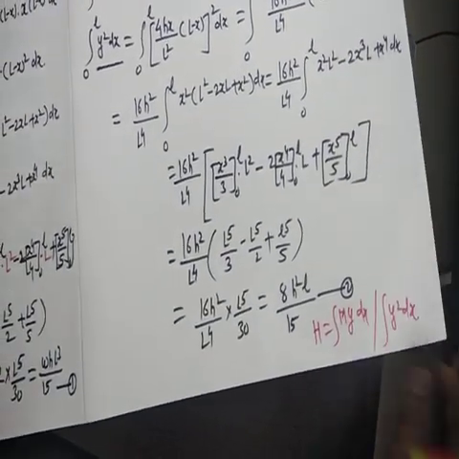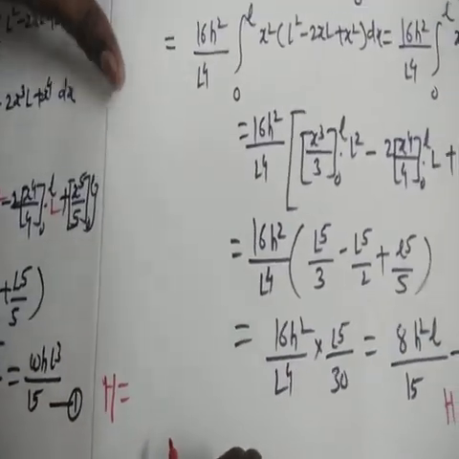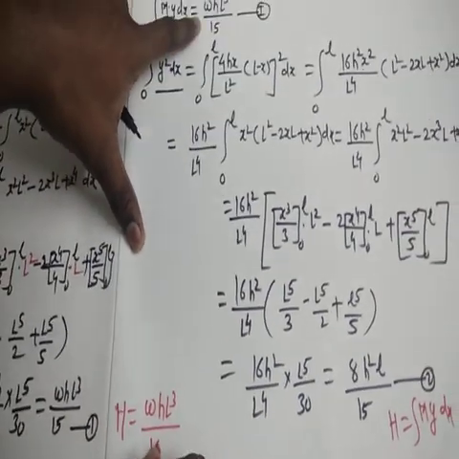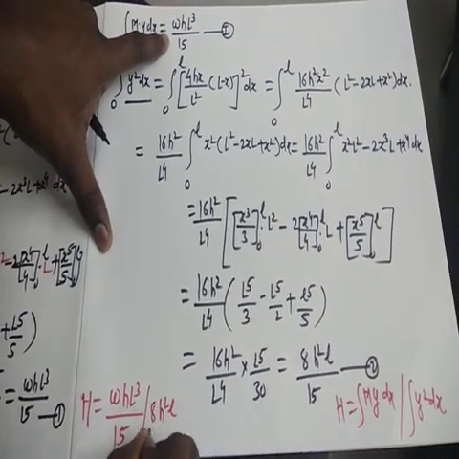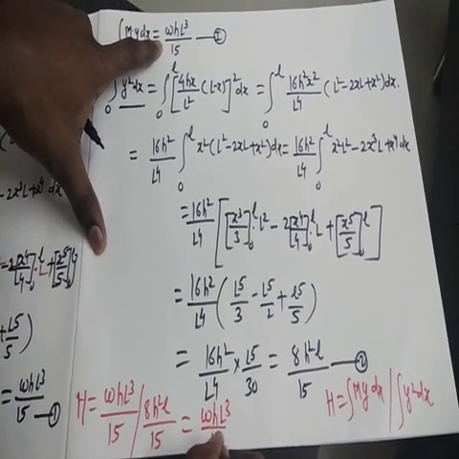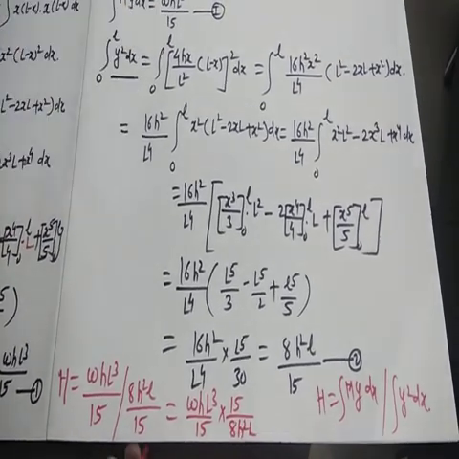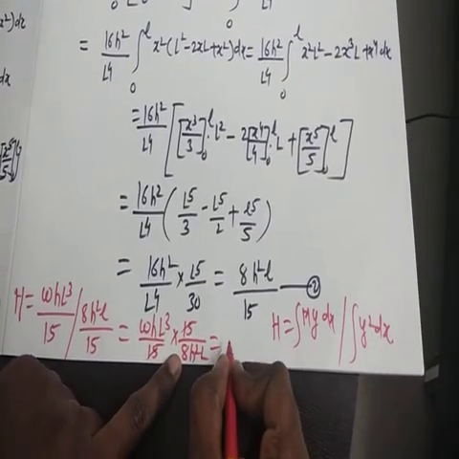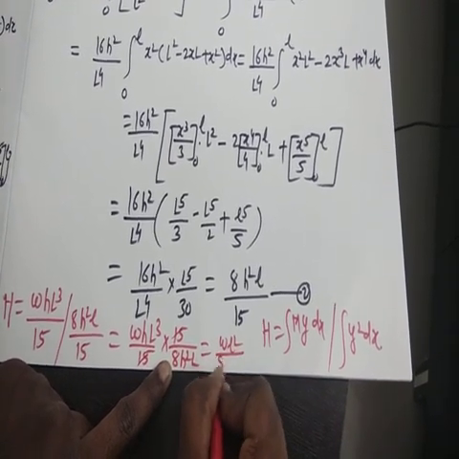So from equation 1 and 2, H is equal to equation number 1, that is W H L cube by 15, divided by 8h square L by 15, that is equal to W H into L cube by 15 into 15 by 8h square L. So if you simplify further, 15 will be cancelled, and what we get, W L square by 8h.